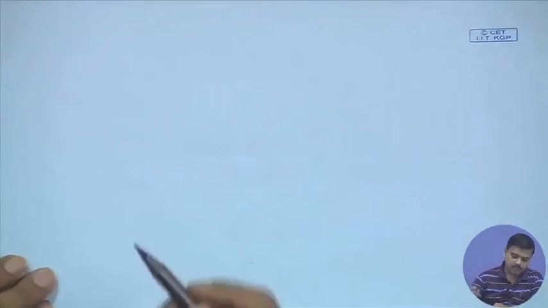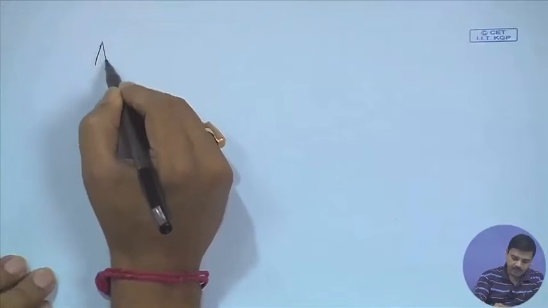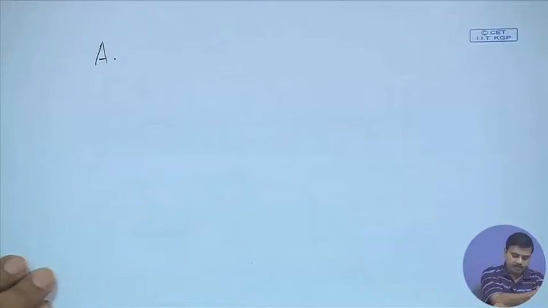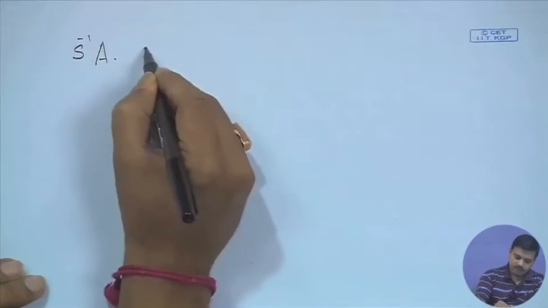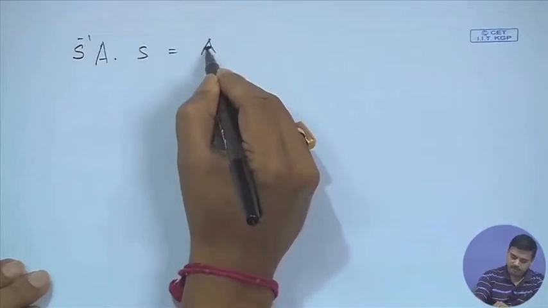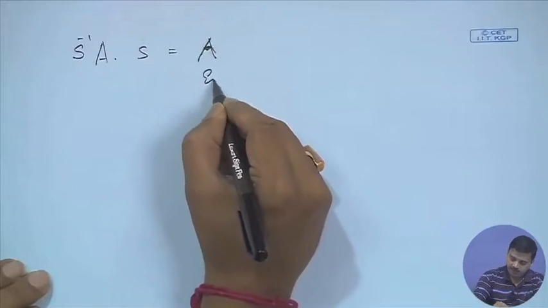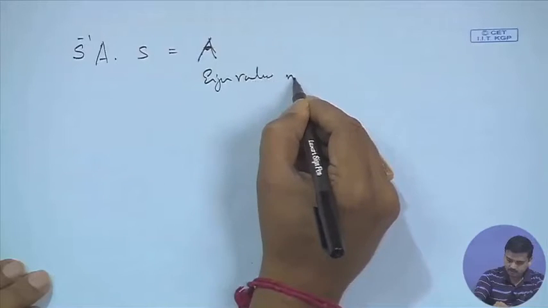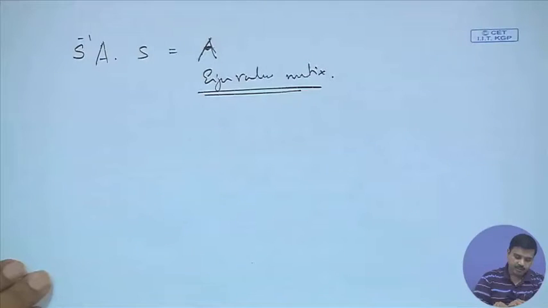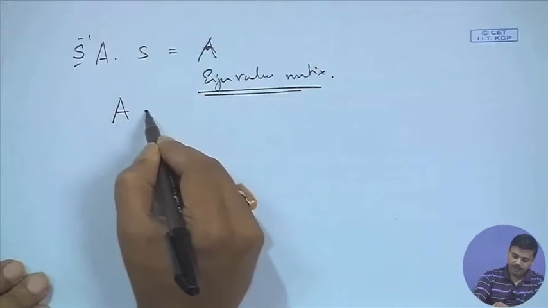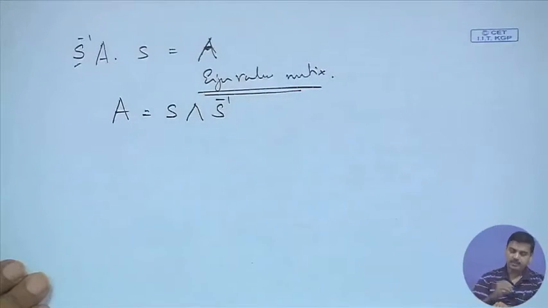So, these are some of the important things. Now suppose we have this matrix A, and we can diagonalize it in the form S inverse A S equals lambda, the eigenvalue matrix, where S contains the eigenvectors of A. In that case we could write A equals S lambda S inverse.